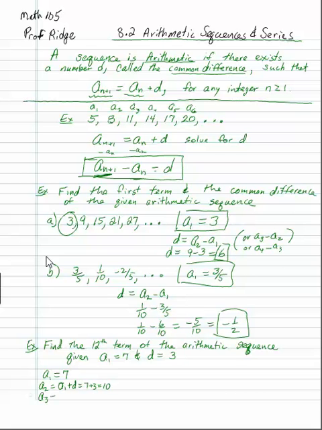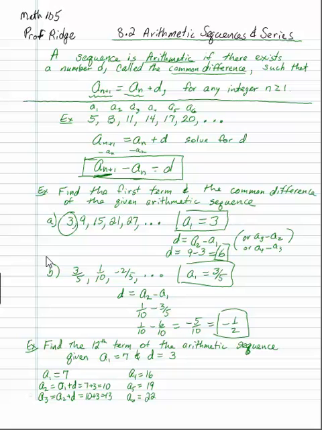A sub 3 is a sub 2 plus d, which is 10 plus 3, which is 13. So a sub 4 is 13 plus 3, which is 16. A sub 5 is 19. A sub 6 is 22.